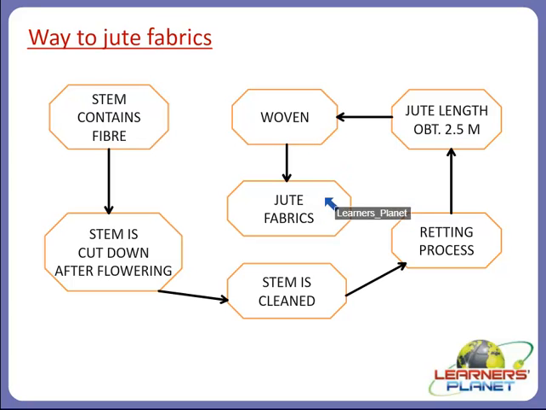So finally we obtain jute fabrics from the jute plant, that means the stem of the jute which contains fiber. So can you see the process of jute fiber to make jute fabrics, right? So this is just an outline. Now let us discuss jute in detail, how it is produced, what the production of jute is.